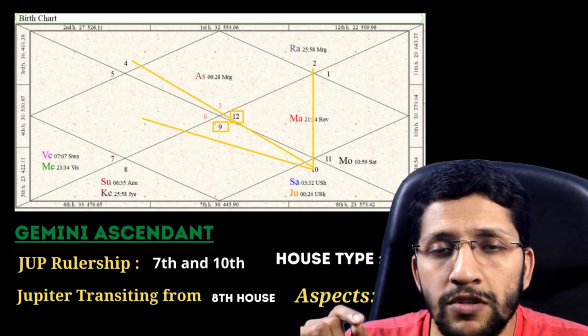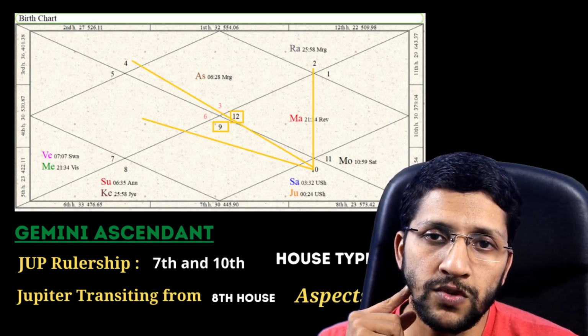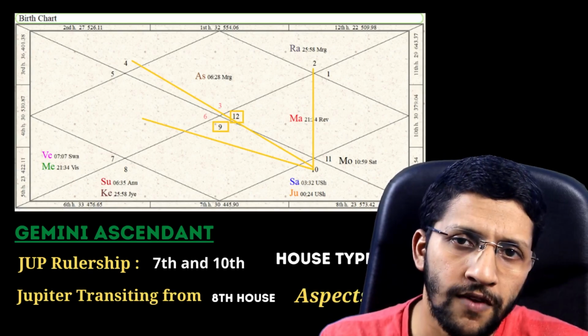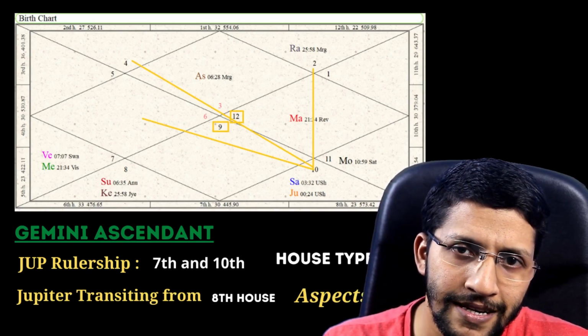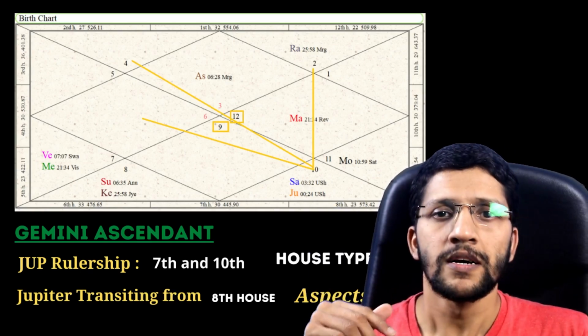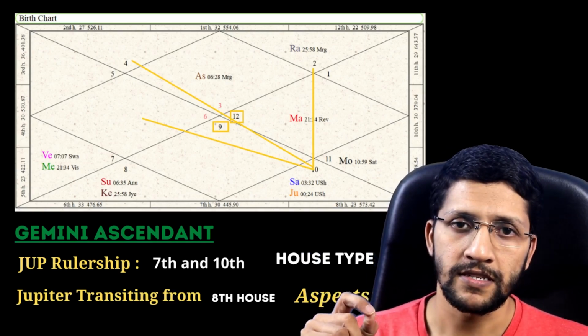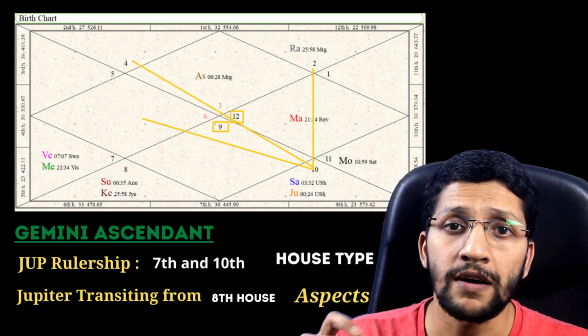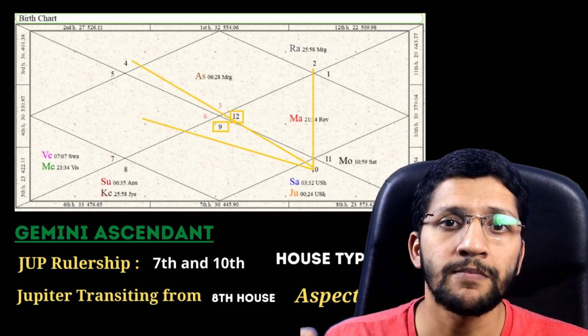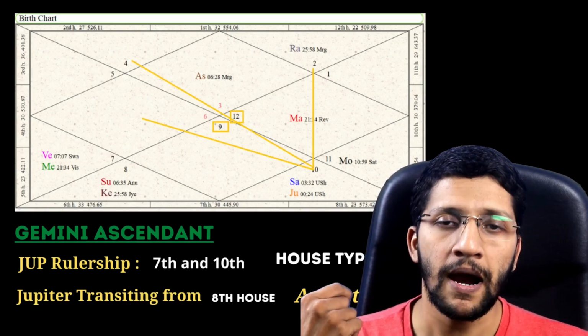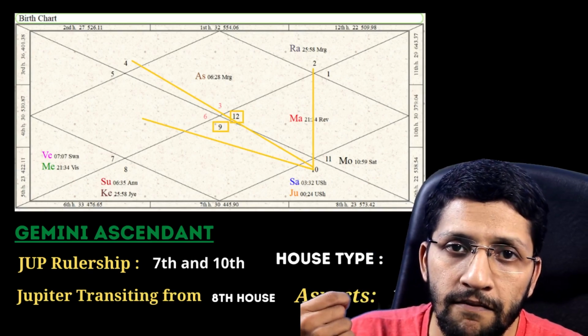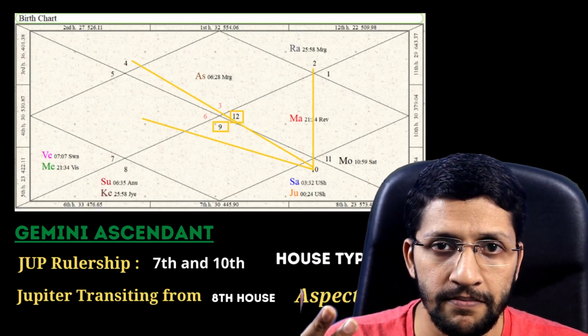From the 8th house, it also aspects the 2nd house of the horoscope, which is the house of finance and resources. Again, an expansion into the finances. The 8th house is also the house of inheritance and other people's money, so you might get money from other people, right?